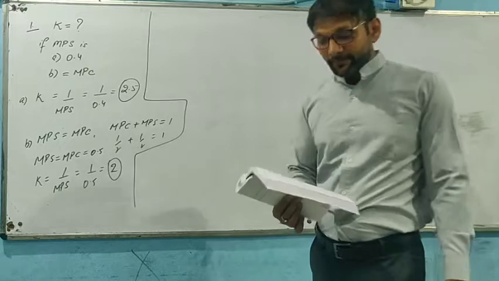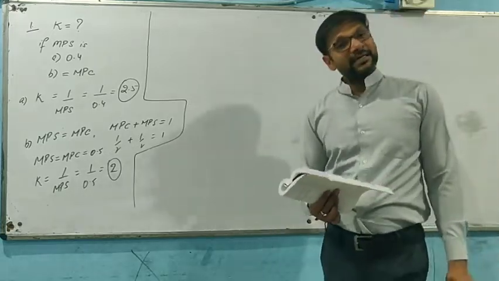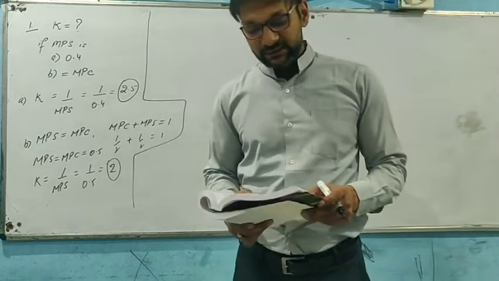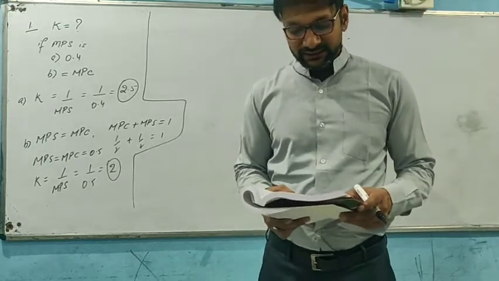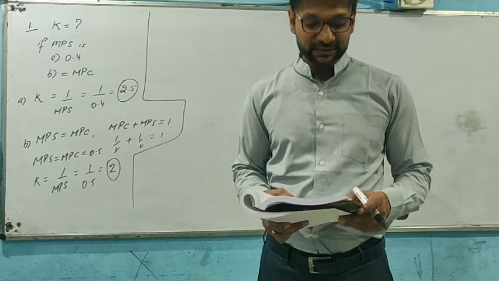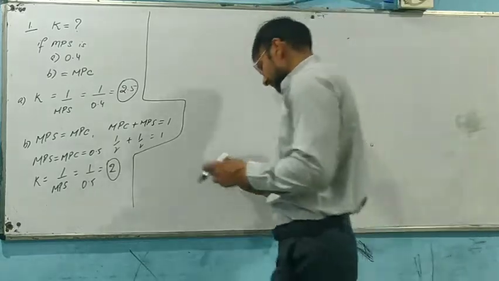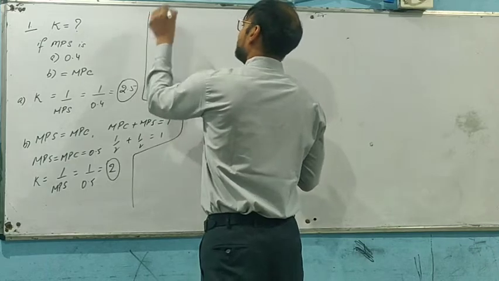Got it? Now, I am going for the next question, just see very carefully. In an economy, income generated is 4 times the increase in investment expenditure. Calculate the value of MPC and MPS. Now, I read it once again.